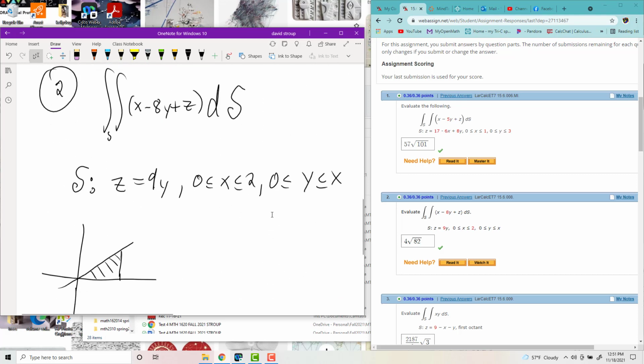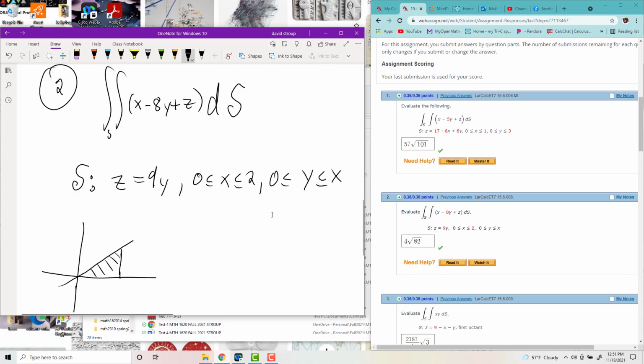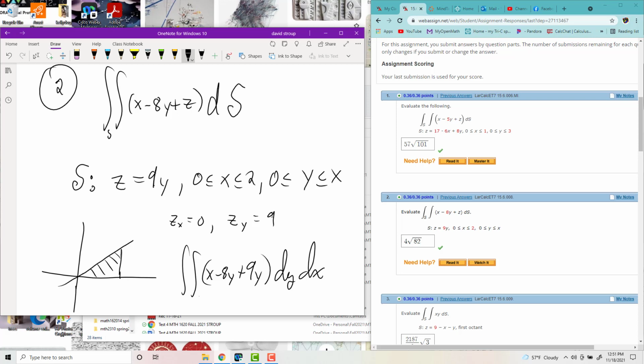I'm not going to try to draw the surface, but we do need our partial derivatives. So z with respect to x is just 0, z with respect to y will be 9, and then we'll have the double integral of x minus 8y plus, and we have to rewrite z, so z is equal to 9y, so plus 9y, and then it'll be dy dx, and y goes from the line y equals 0 to the line y equals x, and x is going from 0 to 2.